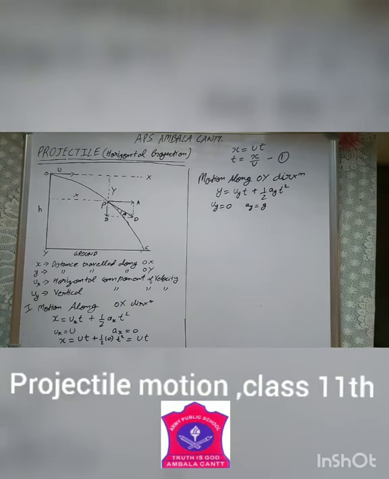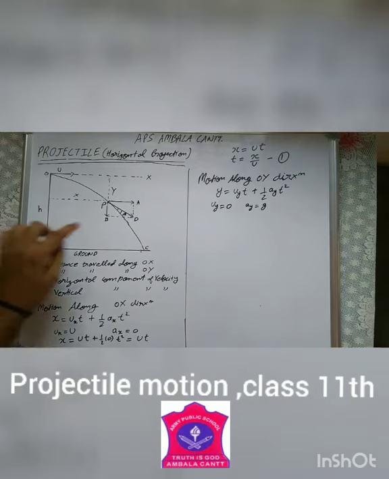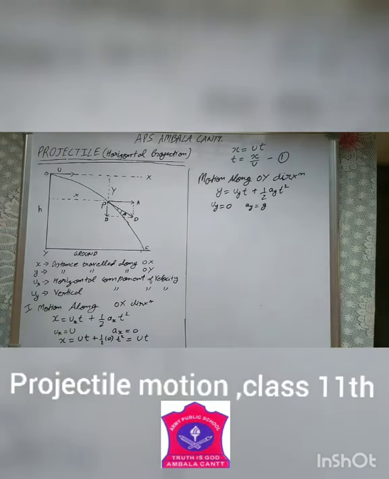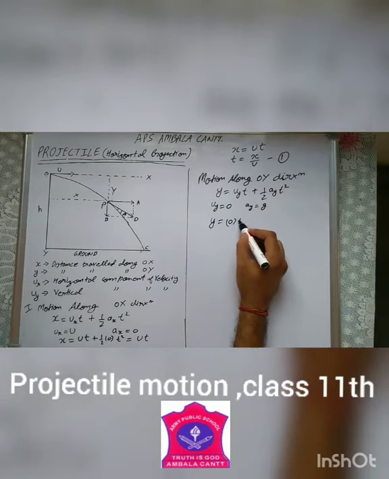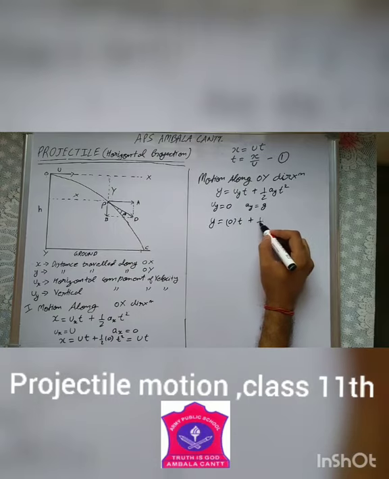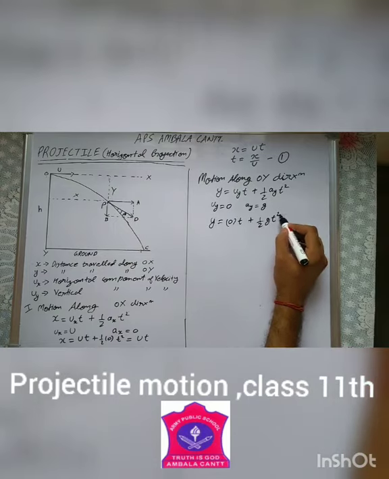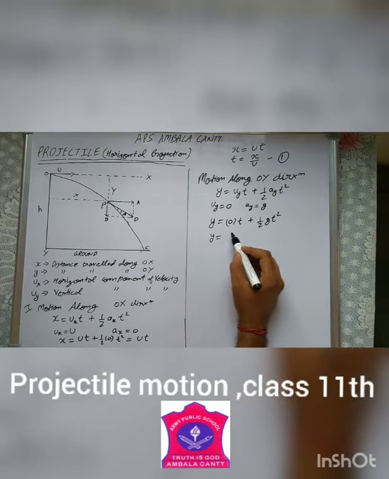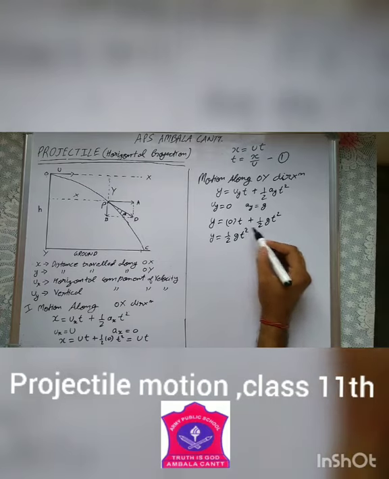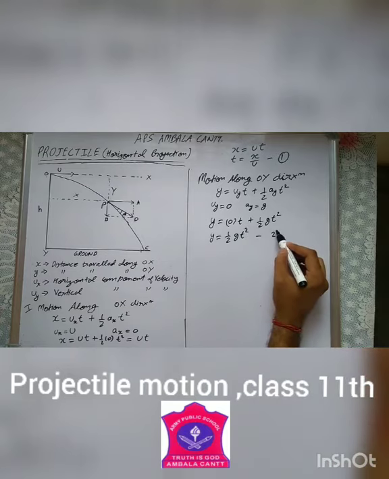Therefore, the acceleration in the y direction is g. Now, putting these values in this equation, we get y equals 0 t plus half gt square, so y is equal to half gt square. This is our equation number 2.